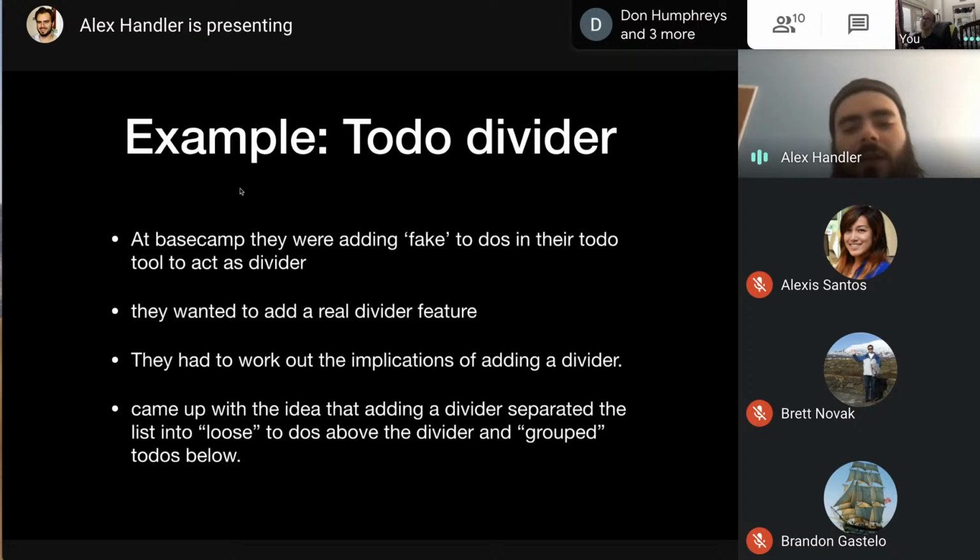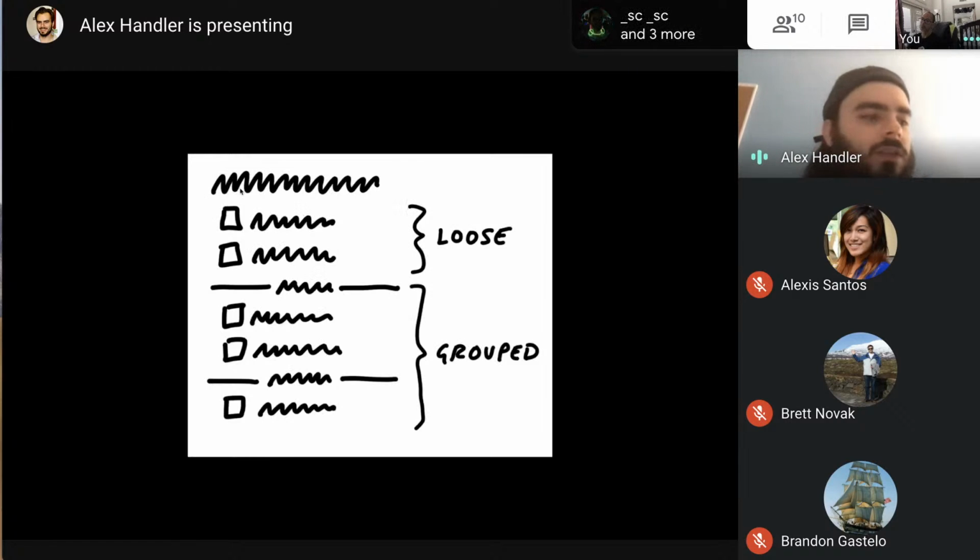But they had to work out the implications of what that meant, and they came up with the idea that adding a divider separated the list into loose to-dos above the divider and grouped to-dos below. So essentially that looked like this. This is sort of the idea of the fat marker sketch, right?